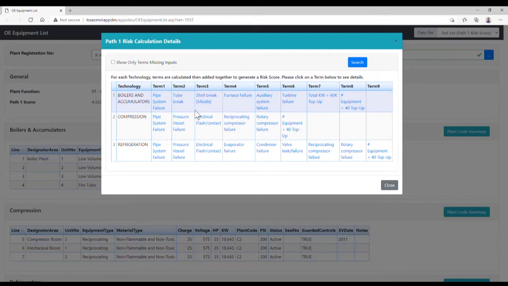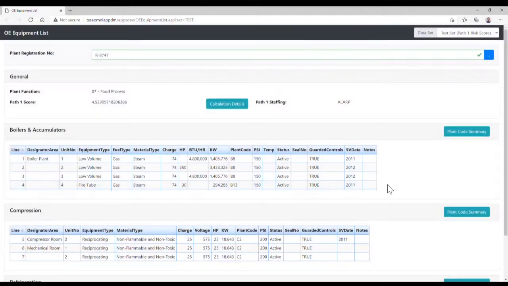And so the idea here is that each of those events are going to have a risk associated with it, and we're going to sum over all of those events, and for each event we're going to consider it for each piece of equipment, and we're going to get to how that works in a second. But before we do that, let's just dwell on this particular plant.